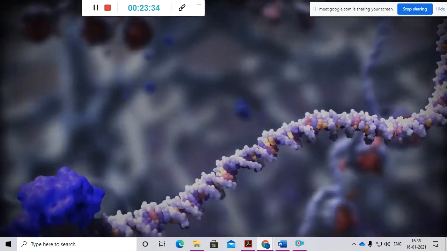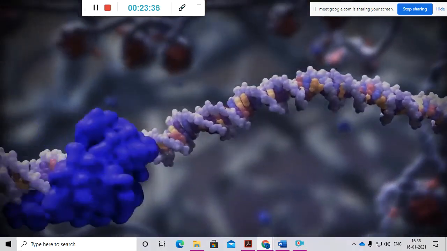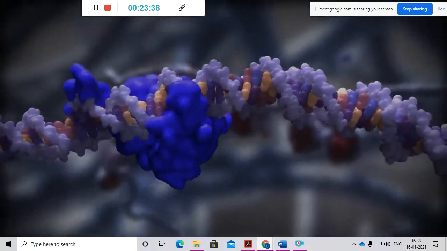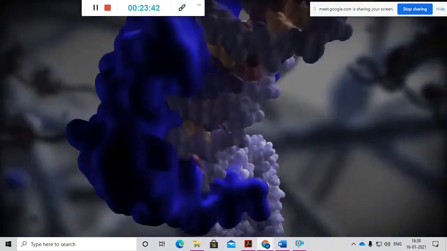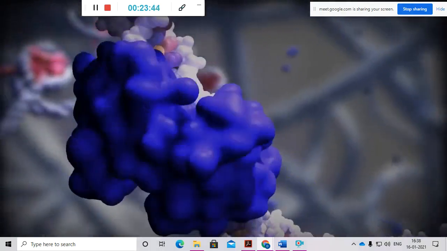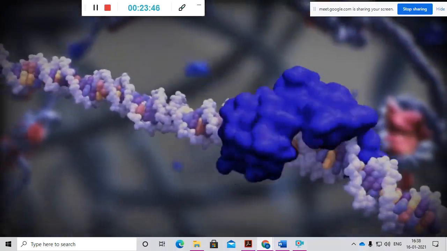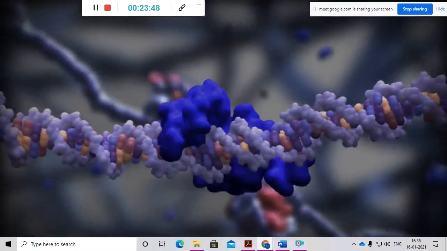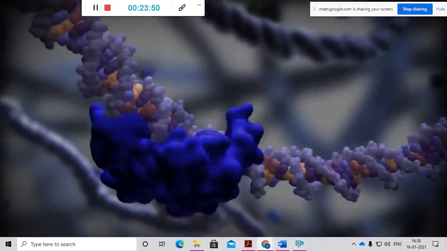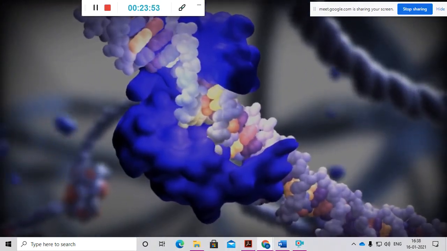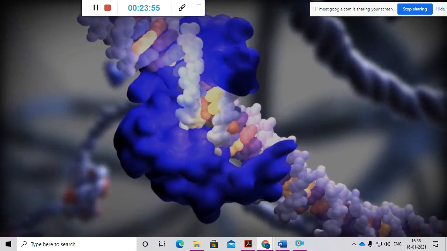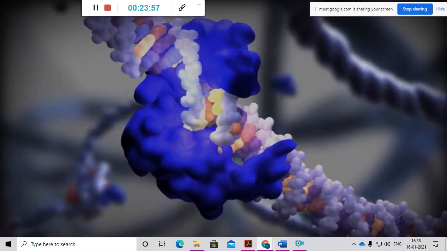Instead, the transcription factor interacts non-specifically with the DNA backbone. This allows it to efficiently search the DNA for its binding site, a DNA sequence it recognizes. The transcription factor slides along until it encounters its binding site. Then it changes conformation to interact specifically with nucleotides on the interior of the helix.